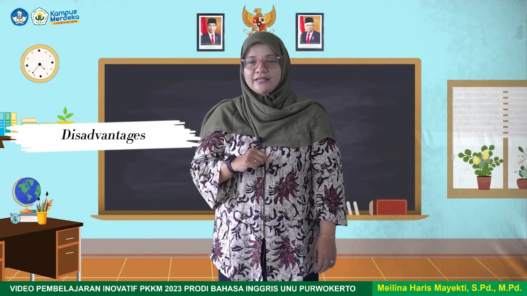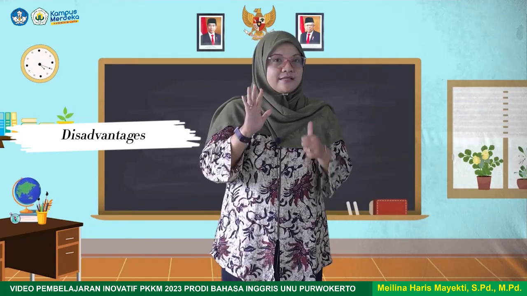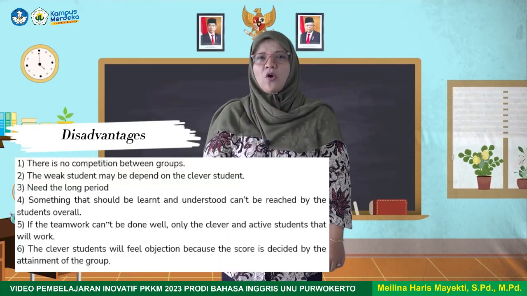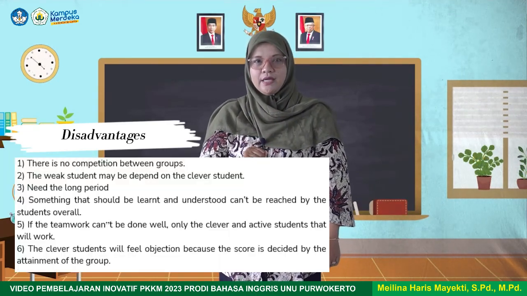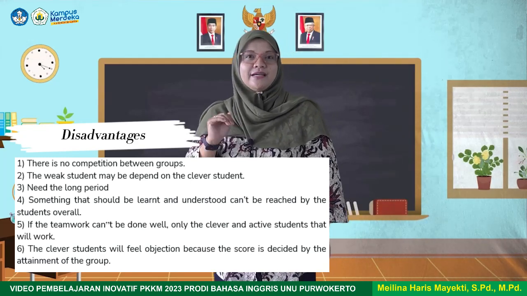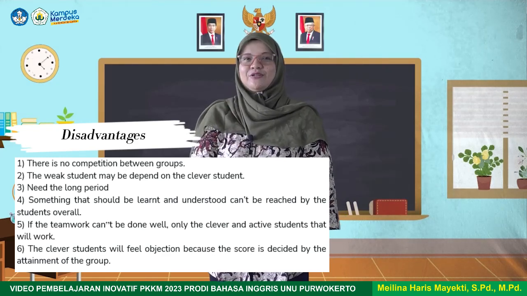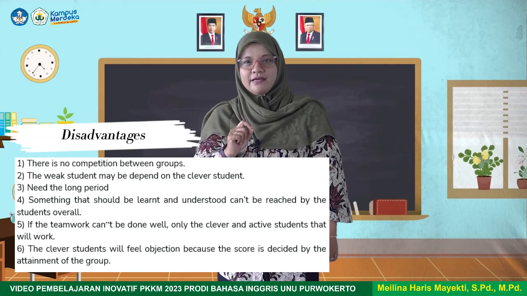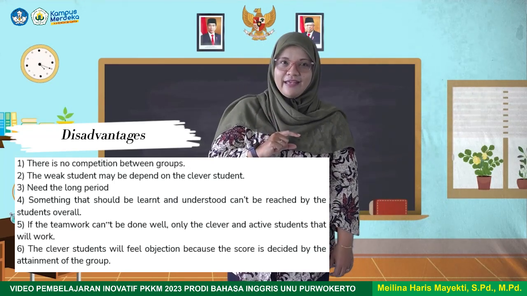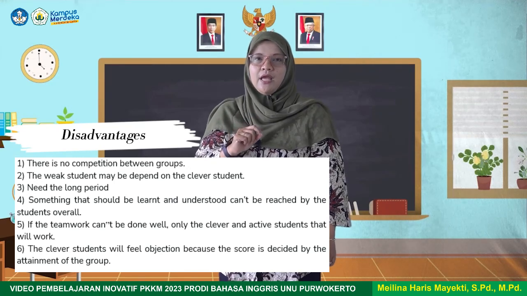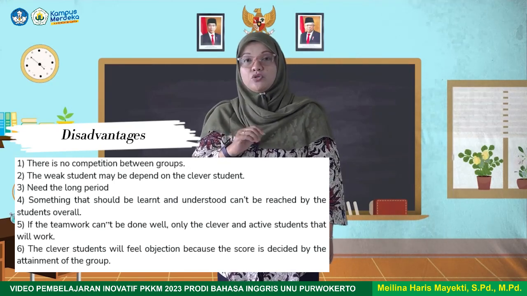Then, now it is about disadvantages. There are six. For the first, there is no competition between groups. The weak students may depend on the smart or clever students. Then it needs a long period. And then something that should be learned and understood may not be reached by the students overall.